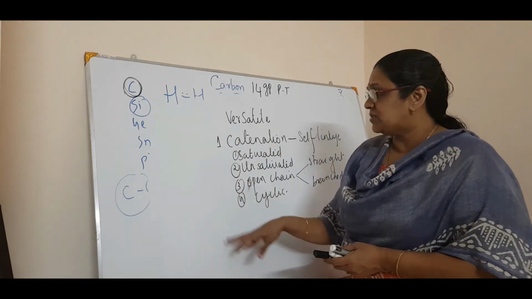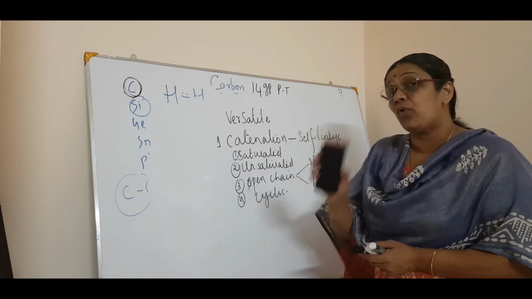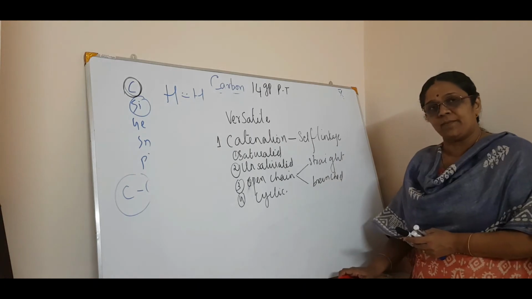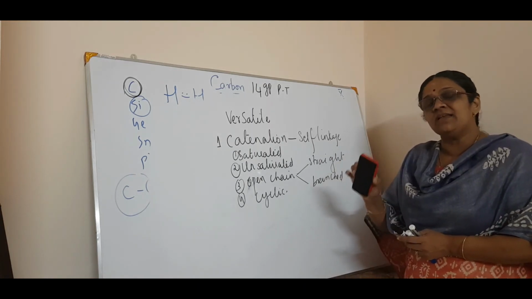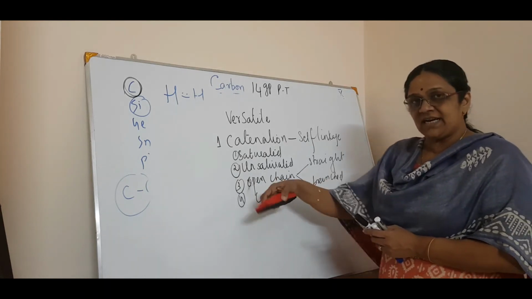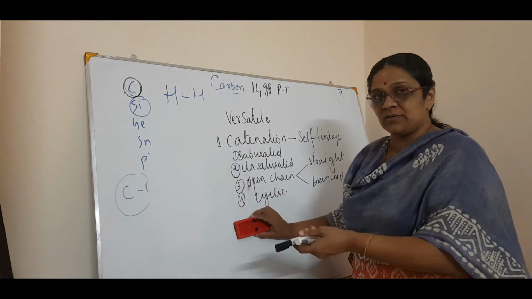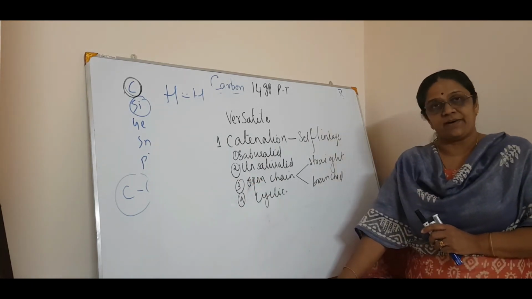So second is tetravalency. Tetravalency is nothing but 4 valency of carbon. And 4 valency of carbon is also very, very important. Wherever you write carbon, just see it has the valency 4. It's very important. We will study how the carbon compounds are written. So this is about the versatile nature of carbon.